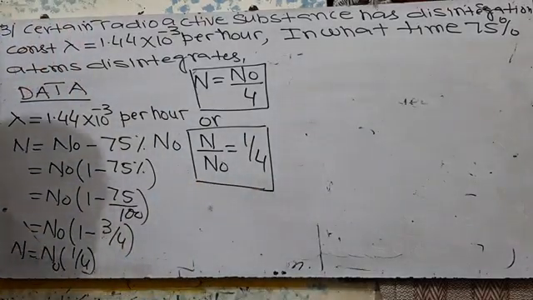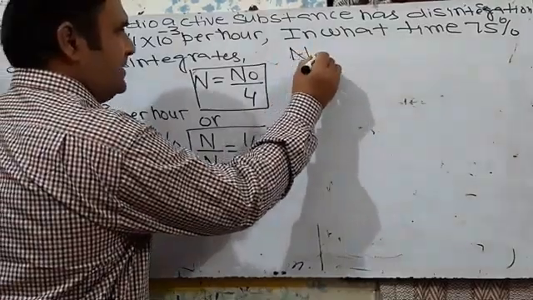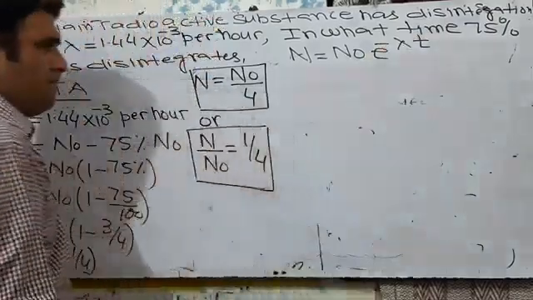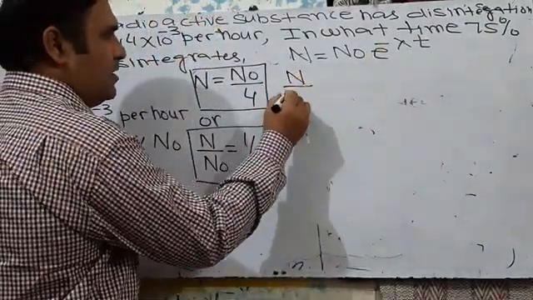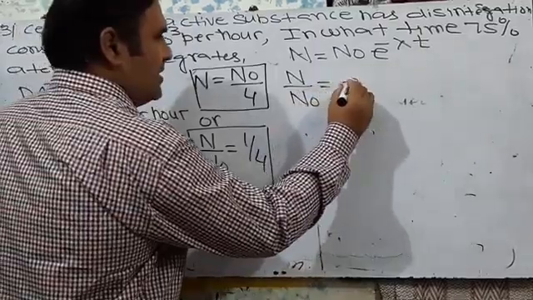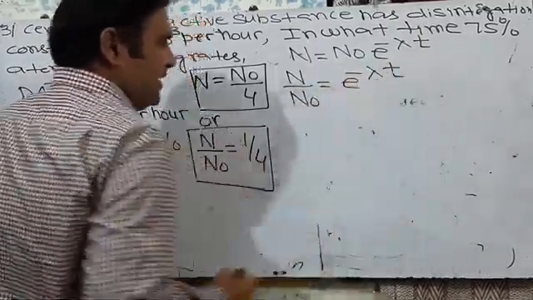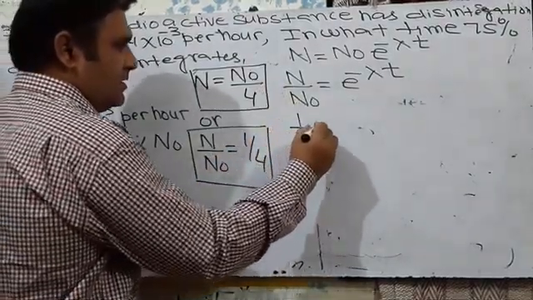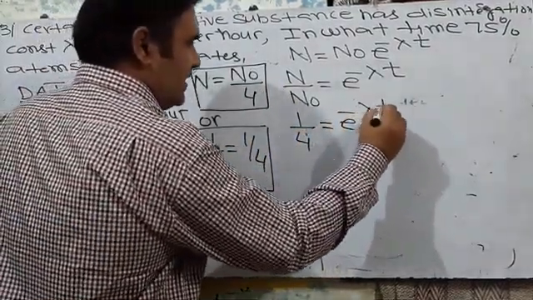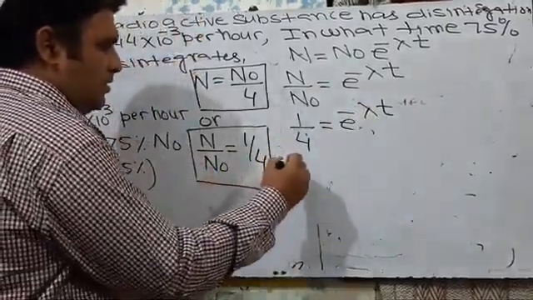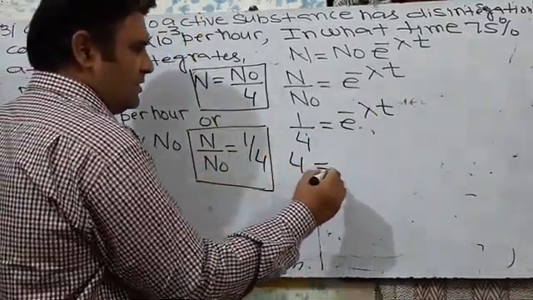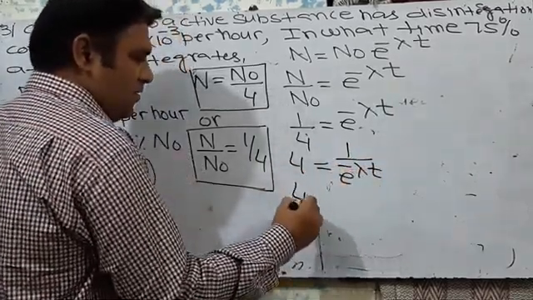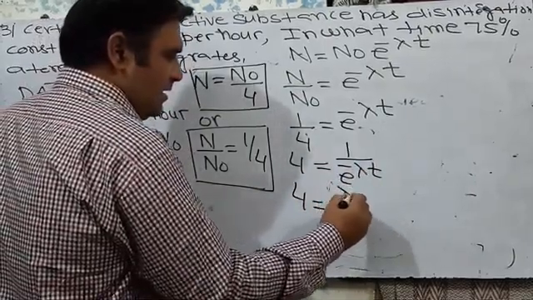According to the law of radioactive decay, N is equal to N0 e^(-lambda t), or N upon N0 is equal to e^(-lambda t). N upon N0 is equal to 1 upon 4, which is equal to e^(-lambda t), or 4 is equal to e^(lambda t).